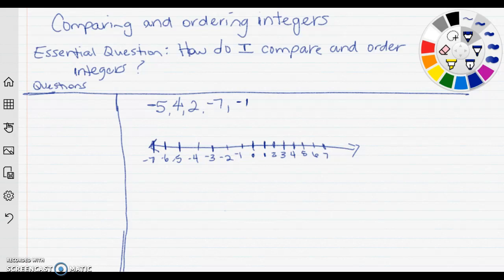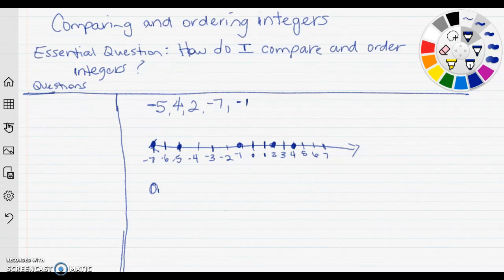So I wanted to make sure that my number line was long enough for my dots, but doesn't necessarily need to be longer. All right, so last lesson we did plotting of these points. So this shouldn't be very hard for you. -5 here, 4, 2, -7, and -1.